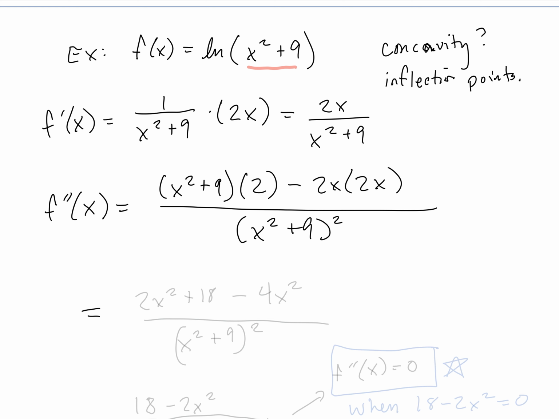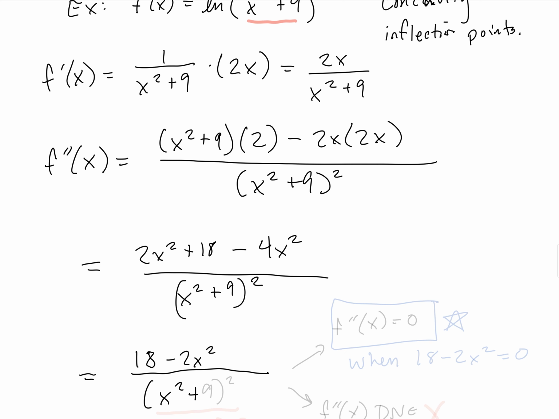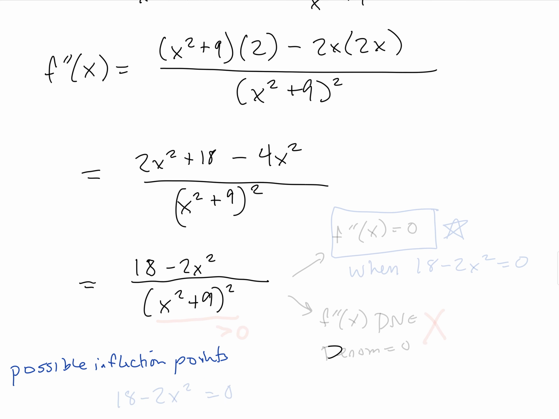So let's simplify. 2 times x squared plus 9 gives us 2x squared plus 18, minus 2x times 2x is 4x squared, all divided by x squared plus 9 squared. So then when we continue to reduce, we have 2x squared minus 4x squared, that's a negative 2x squared, so 18 minus 2x squared, divided by x squared plus 9 squared.